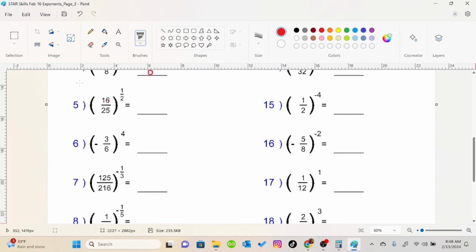Number 5, 16 over 25 to the power of 1/2 means we're looking for the square root of 16 over 25. The square root of 16 is 4, and the square root of 25 is 5. So our answer is 4 over 5.